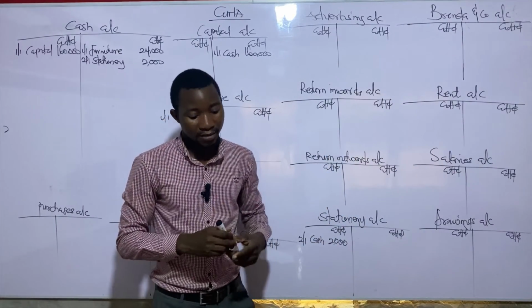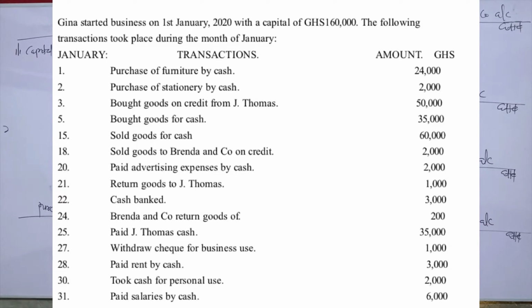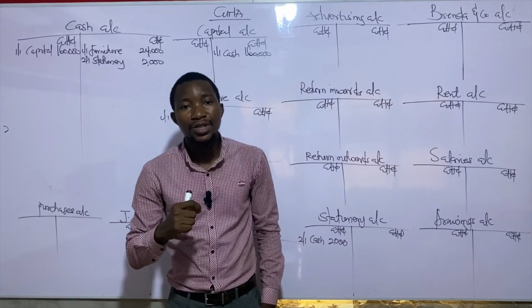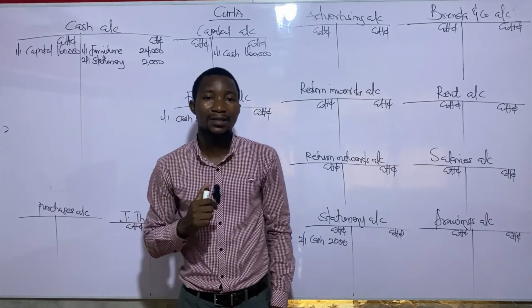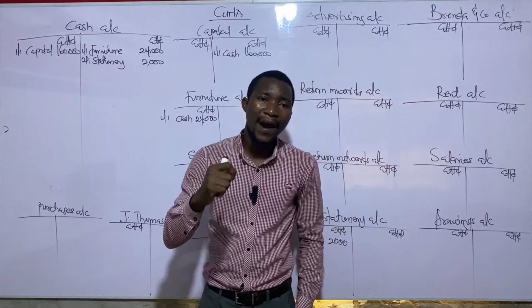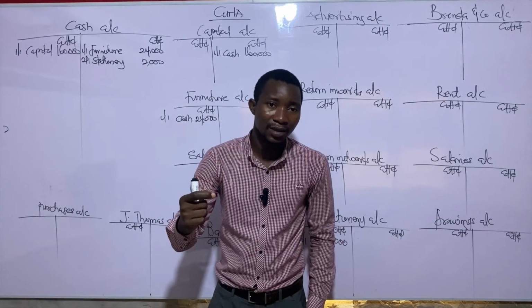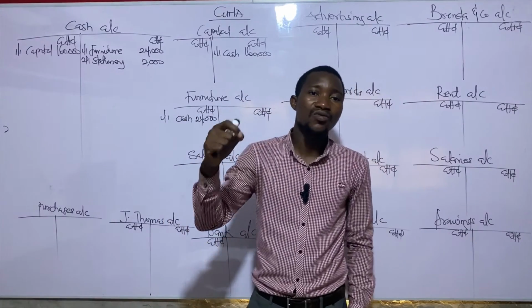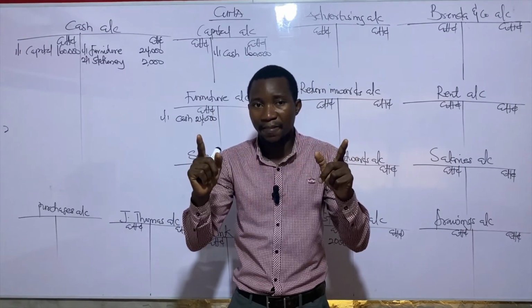So let's proceed. Good. On the 3rd January, bought goods on credit from J. Thomas. Take note of this. When we acquired goods for resale, the account of that particular goods will be considered as purchases.